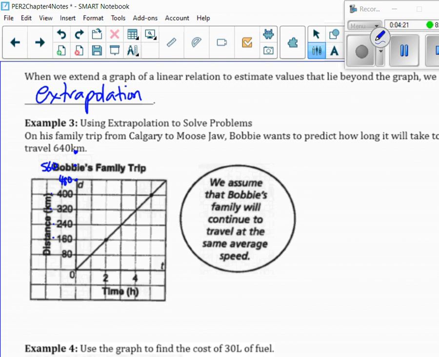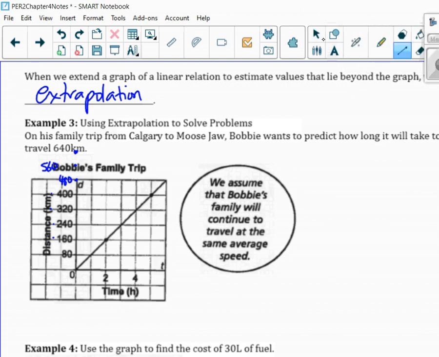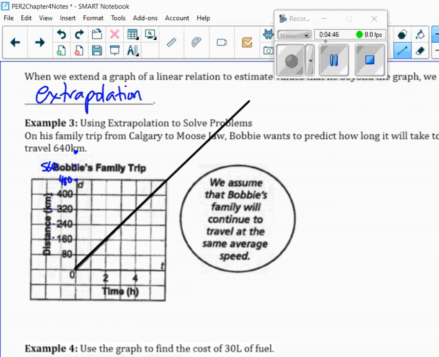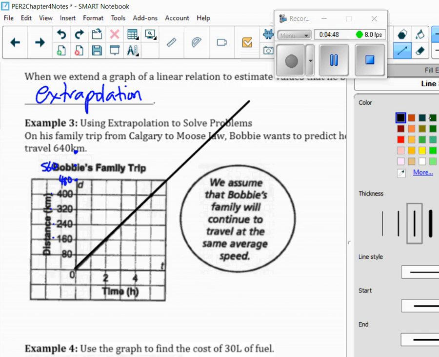So I'm going to now extend this line. First off, I'm going to take my ruler and extend the line. Make sure it's right on the money there. Then I'm going to take a different color line, let's see if I can do red.